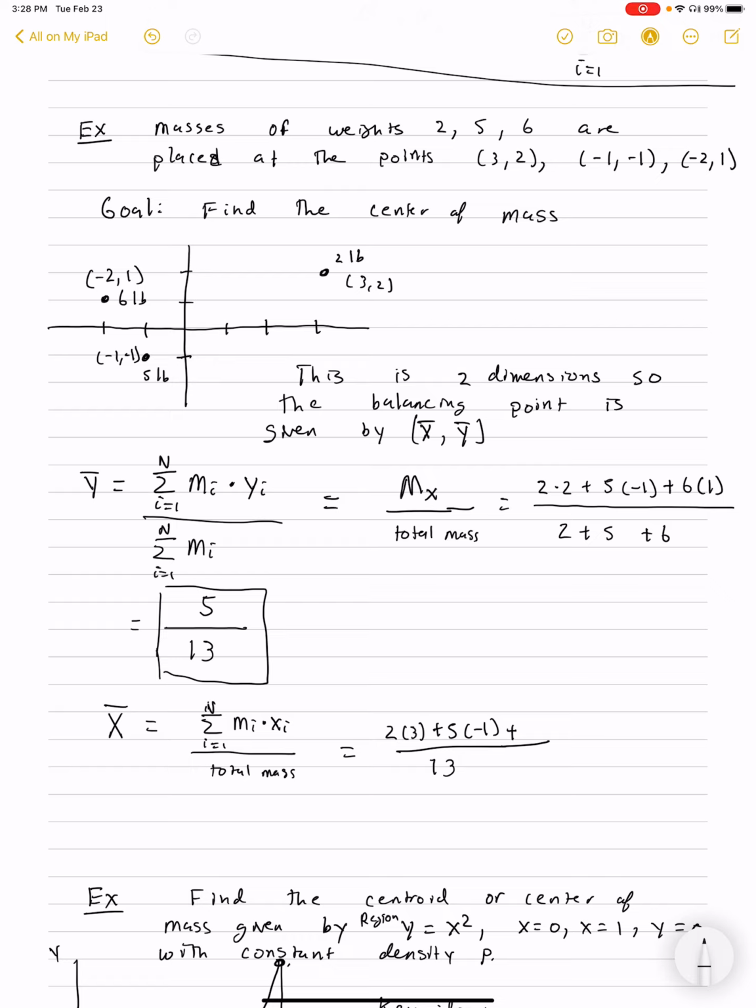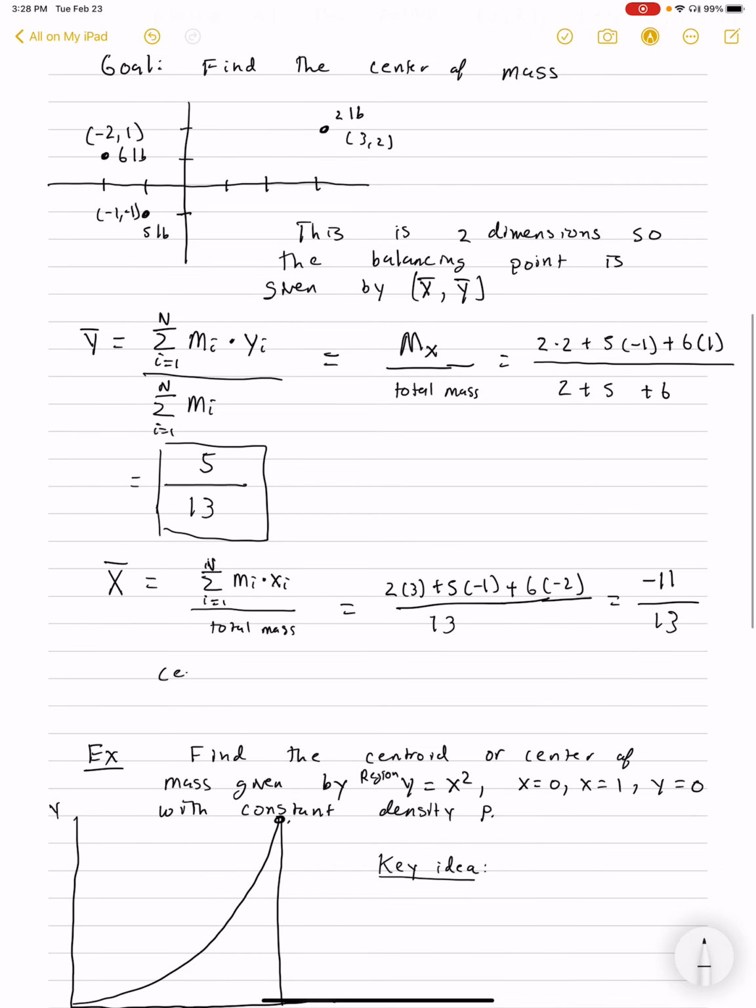Then the weight of 6, with a negative 2 for its x value. So we get 2 times 3 is 6, a negative 5, and a negative 12. So I think we'll get minus 11/13 in x and 5/13 in y. And that is our center of mass. So our center of mass here is going to be (-11/13, 5/13).